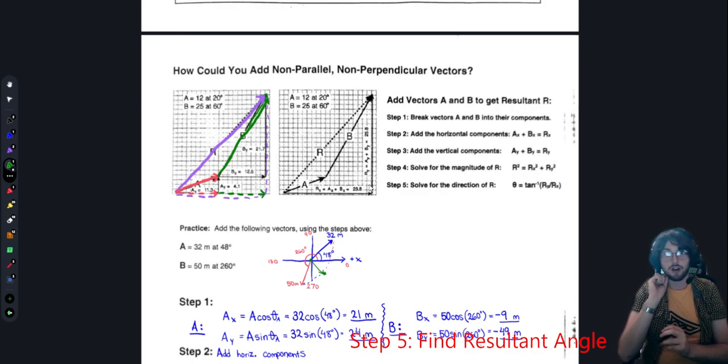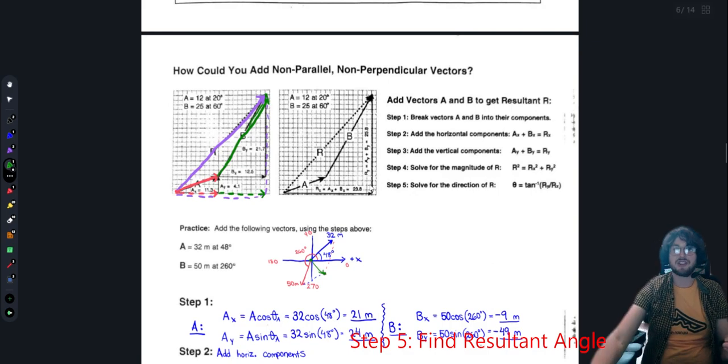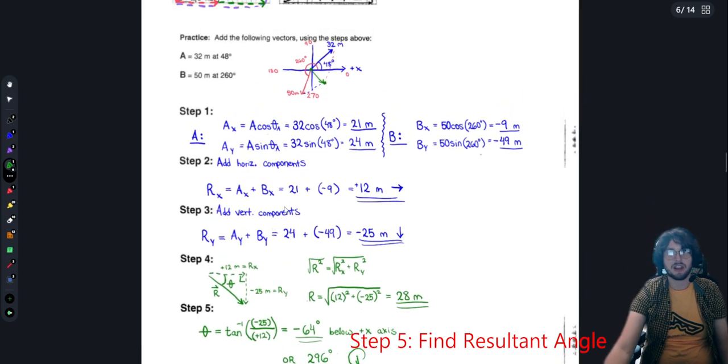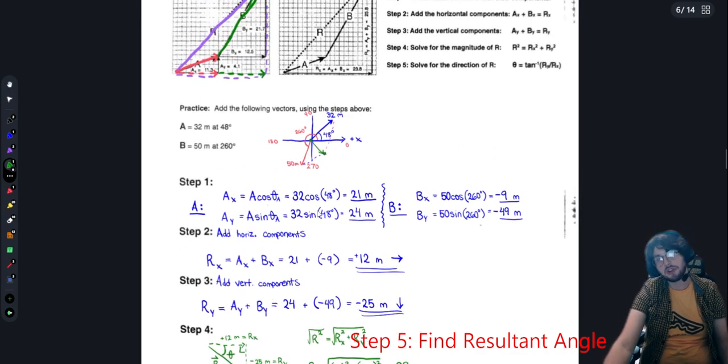Or, as you're going to find on Quest problem number 12 in your homework, which has you do this exact same process, but with not 2, but 3 vectors. So just keep in mind that the process is totally the same. You're just going to be adding 3 components to each other as opposed to 2, and everything else will remain the same. So it's a little tedious, but that's how it's done.